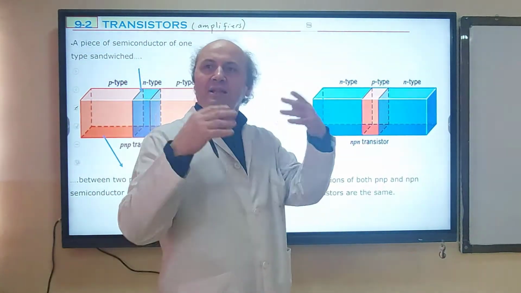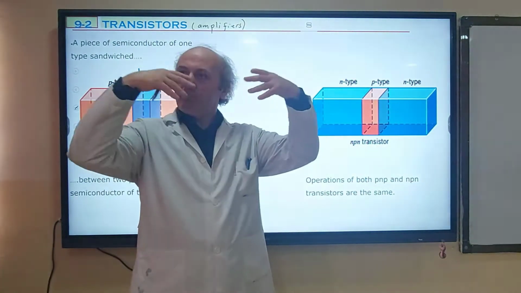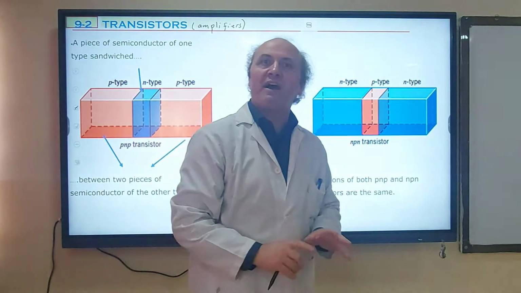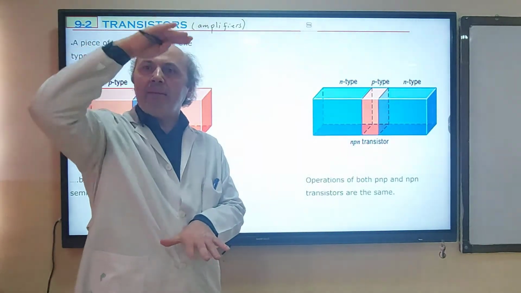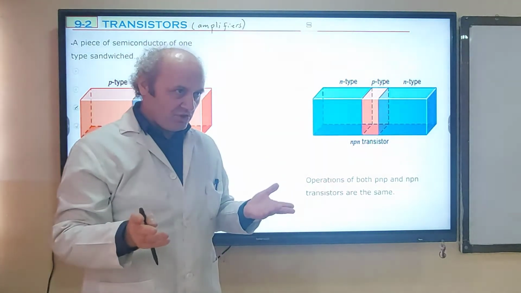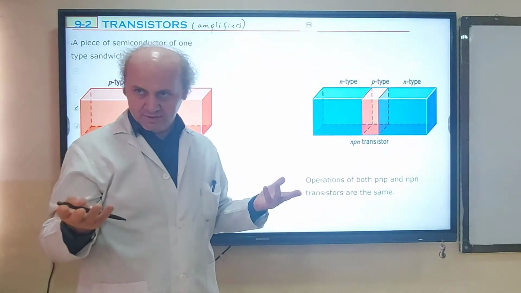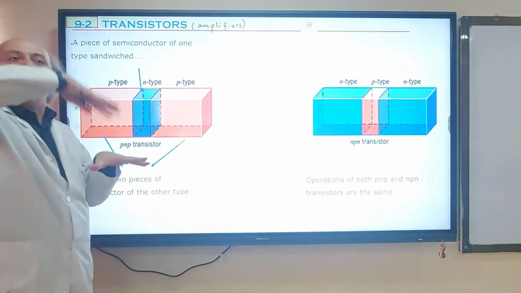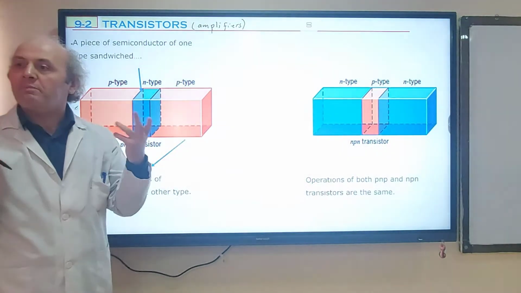This alternating electric current is first amplified, then sent to the loudspeaker. Yani, amplified means increasing the amplitude of the wave, increasing the amplitude of the electric signal, making it more powerful. So transistors are the devices which increase the power of an electric signal, yani amplify it.